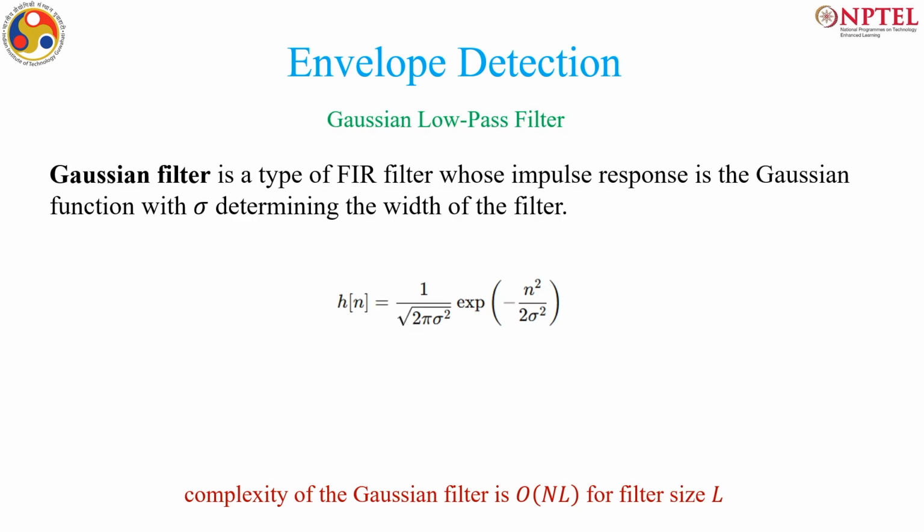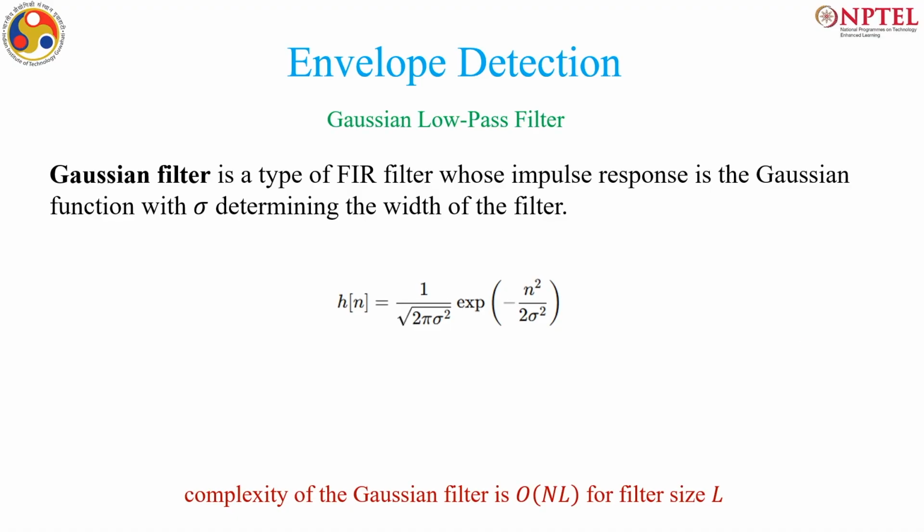Another similar filter is the Gaussian low pass filter. The difference between Gaussian and moving average is that when I take the average, I am giving each sample an equal weight, which is 1 by L, where L is the length of the filter.